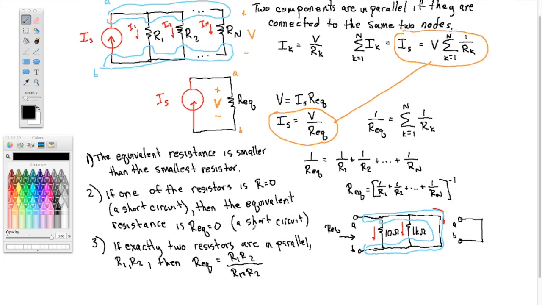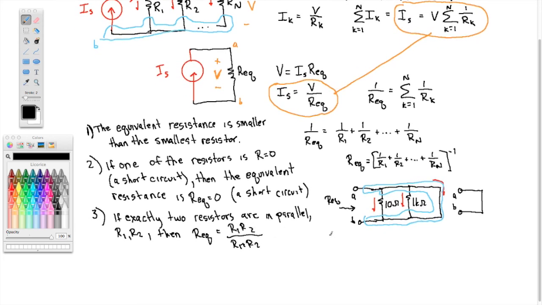So let me just demonstrate to you right now why that is. We'll start with this equation, which we proved. So now if I have exactly 2, 1 over R1 plus 1 over R2, the reciprocal, let me get a common denominator. The common denominator is R1 times R2.